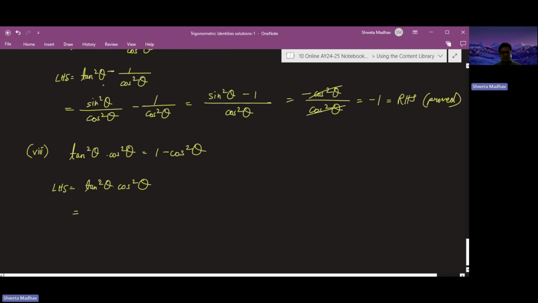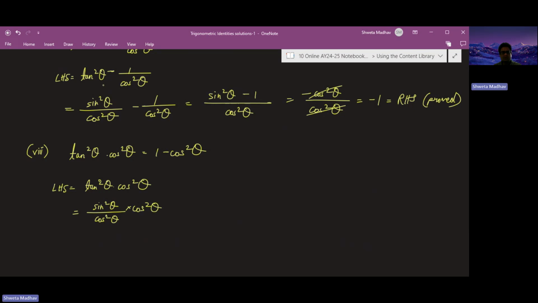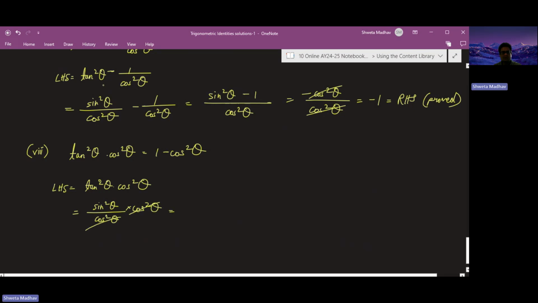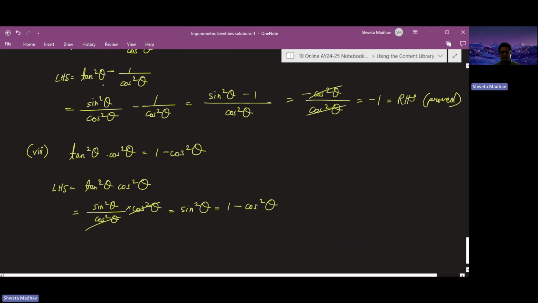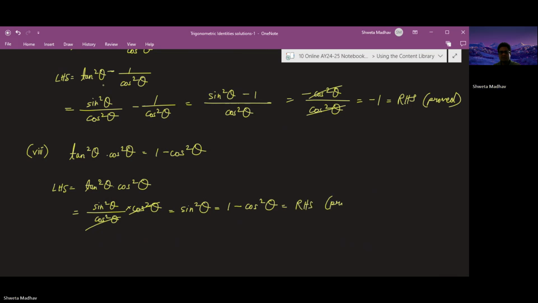Tan square theta we can write as sin square theta by cos square theta into cos square theta. Then cos square theta will get cancelled, we will get sin square theta. And sin square theta can also be written as 1 minus cos square theta, since sin square theta plus cos square theta is 1, which is equal to the right hand side. So hence proved.